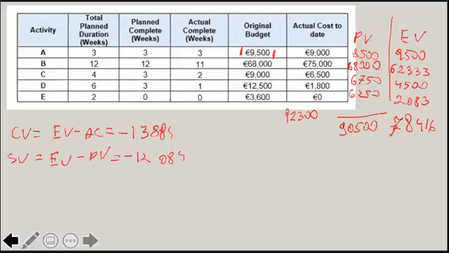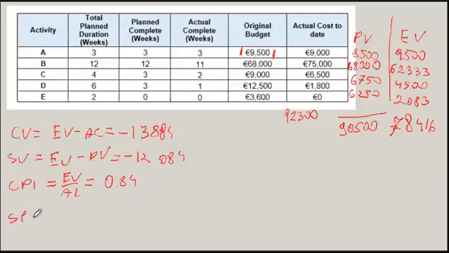Cost performance index, CPI, is earned value over actual cost. In this case, it's 78,416 divided by 92,300, and that is equal to 0.84. We're overspending.